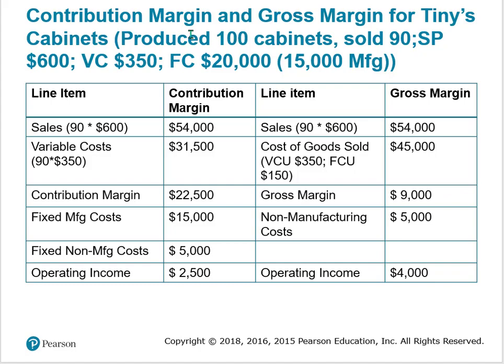They produced 100 and sold 90, so 10 went into inventory, and the 10 that went into inventory have a little hunk of fixed cost attached to them. That's why the operating income for absorption costing would be greater than that under a contribution margin. So let's do some problems in each one of these areas and practice all these things.